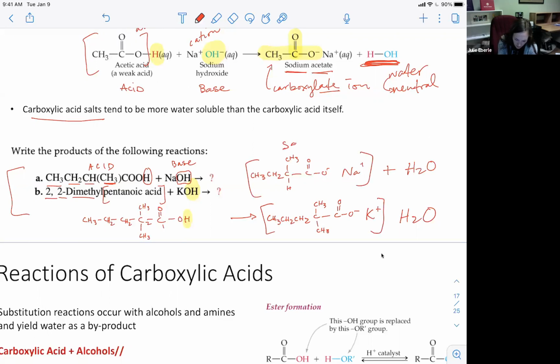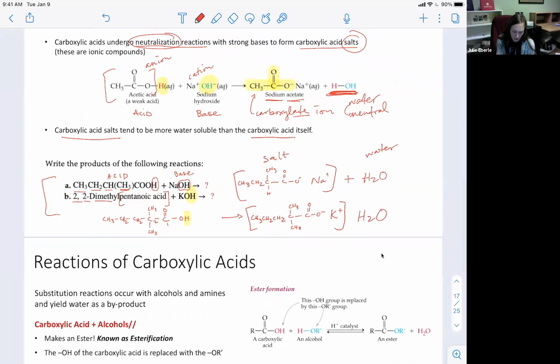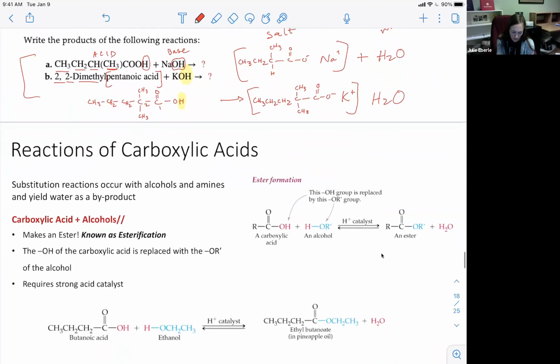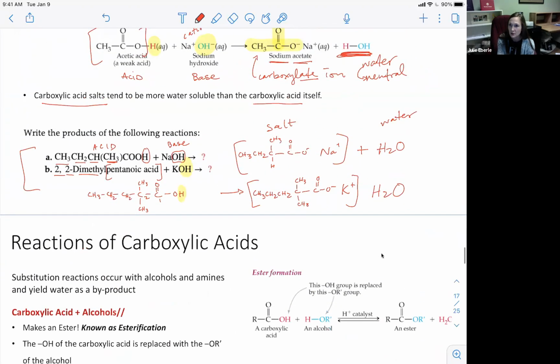This is the salt. Our carboxylic acid salt. And then you always get water as the other product. Okay. All right. Any questions on that?